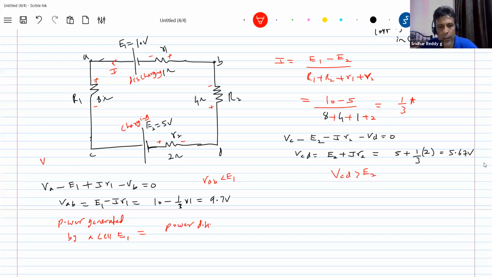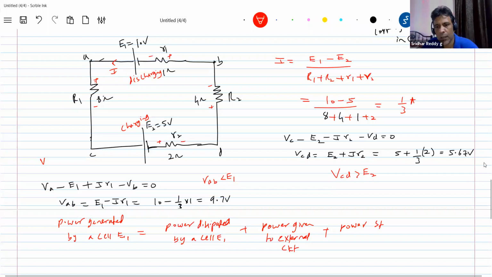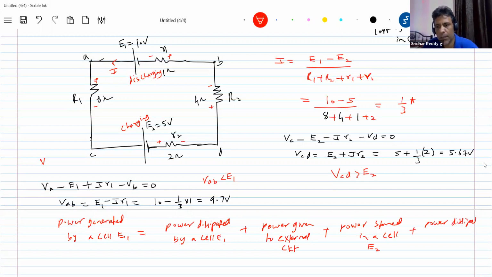Power dissipated by cell E1 plus power given to external circuit plus power stored in cell E2 plus power dissipated in cell E2.